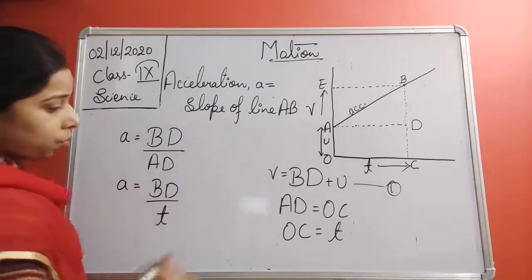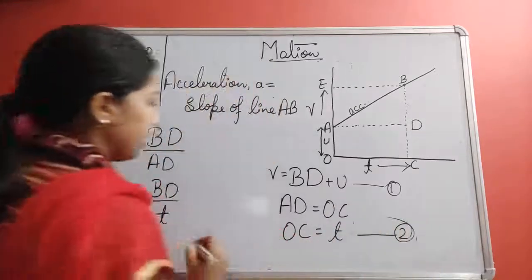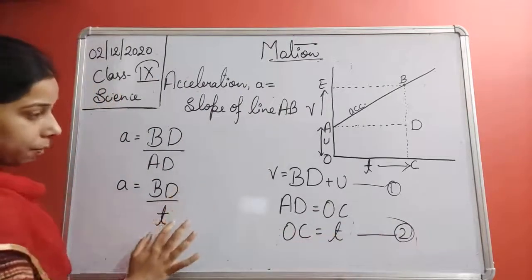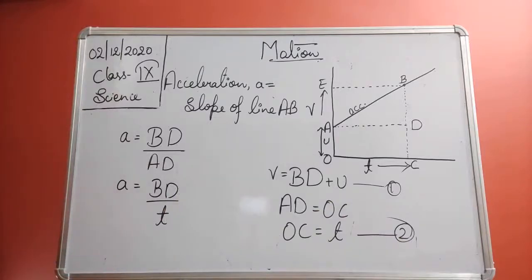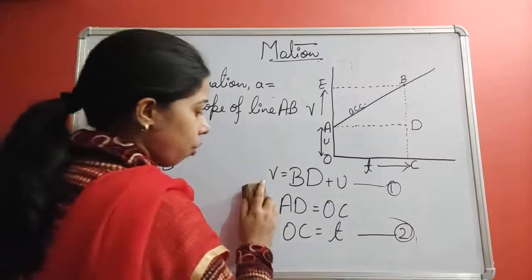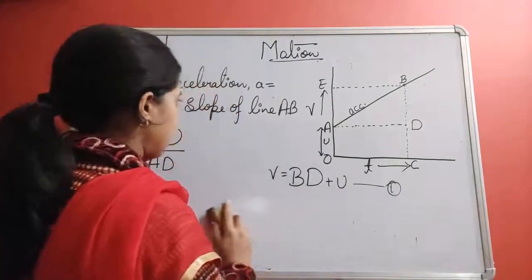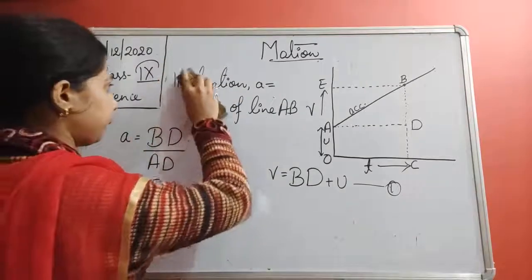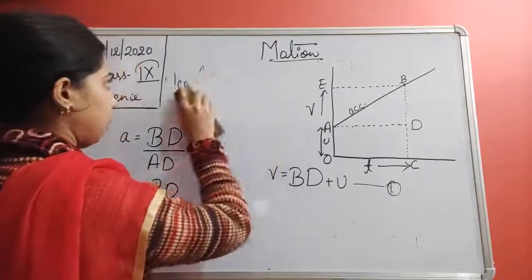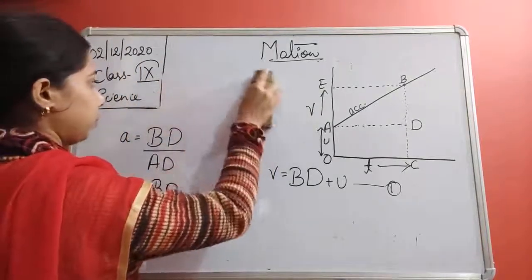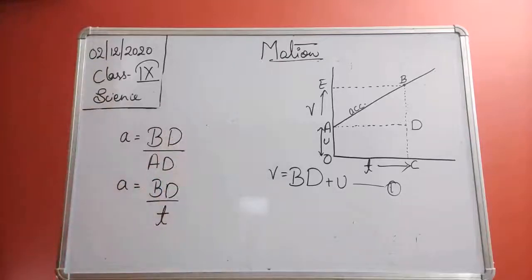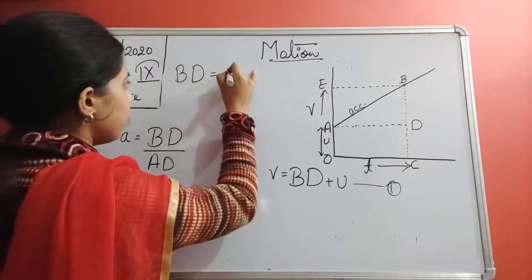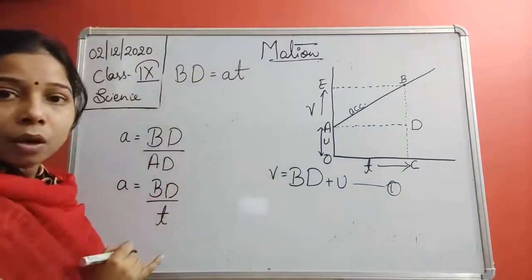Okay, so this is equation second. Now we can also write BD is equal to At.